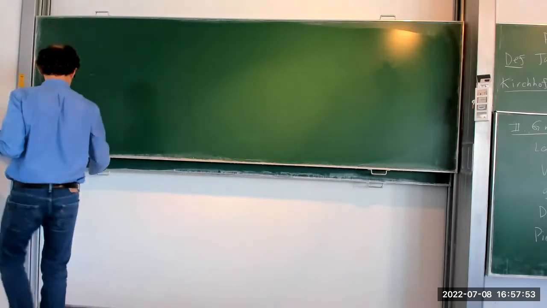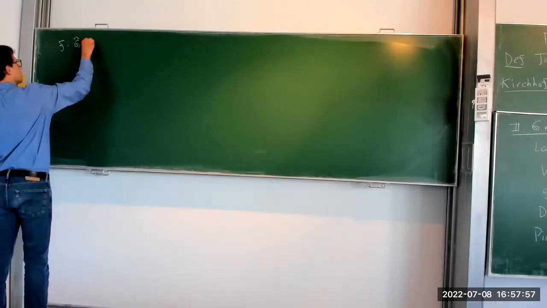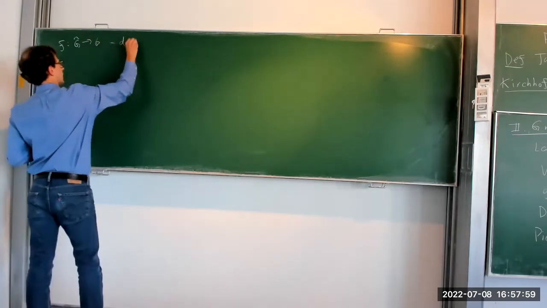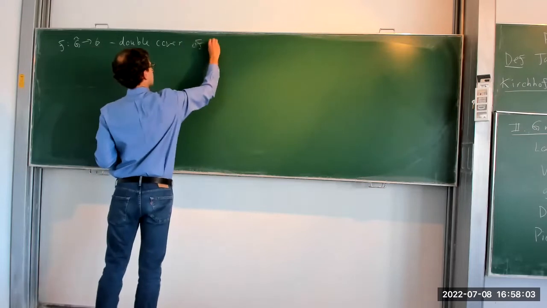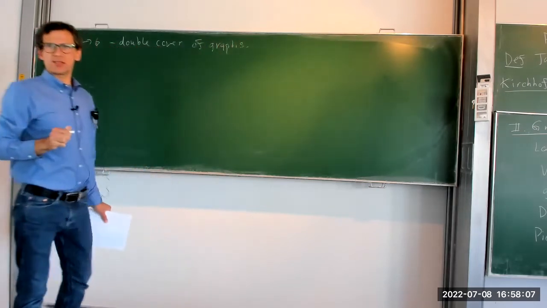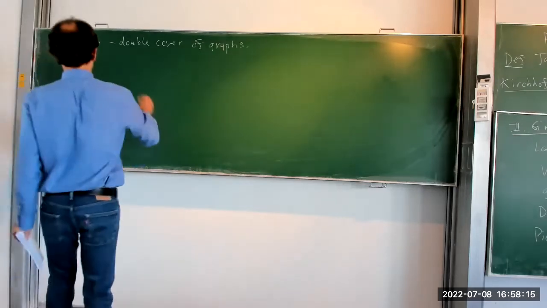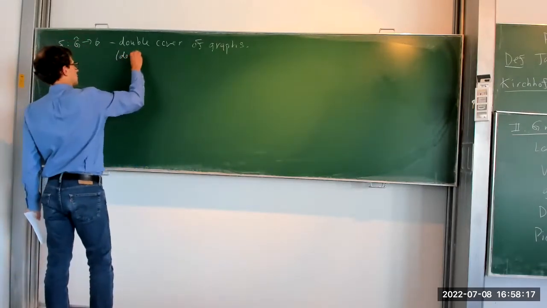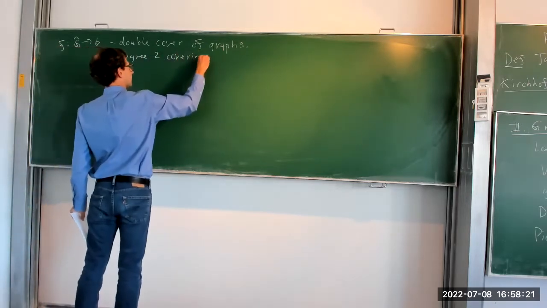Okay, so I'm now going to consider f from G tilde to G to be a double cover of graphs. And so this is the simplest notion you could have of a double cover. Just think of your graph as a topological space and think of a degree 2 topological covering space.